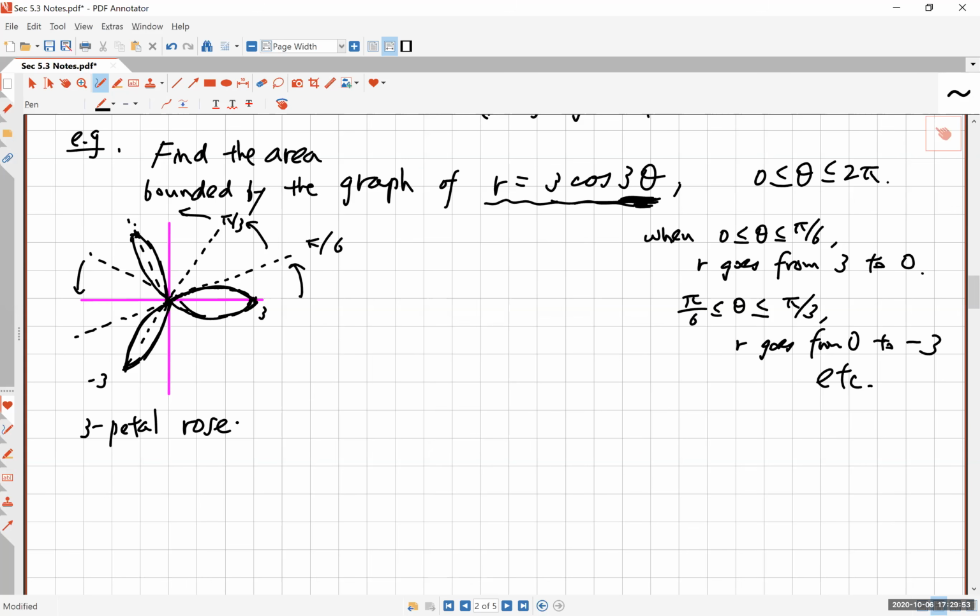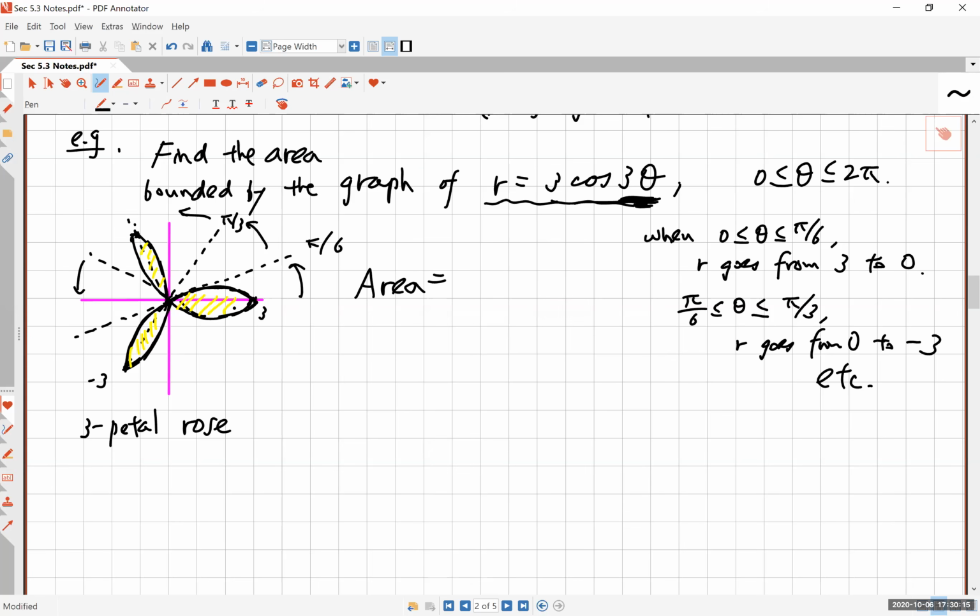Find the area bounded by the graph of this. Basically, we need to find the area of all 3 of these. But all 3 are exactly the same size and shape. These are congruent, so the entire area is 3 times one of these petals.